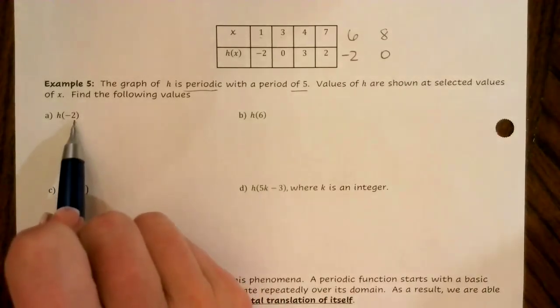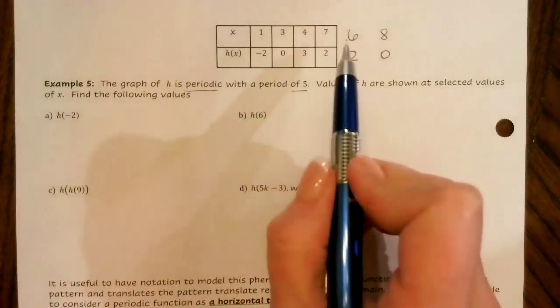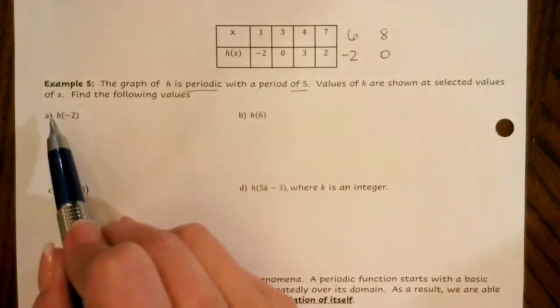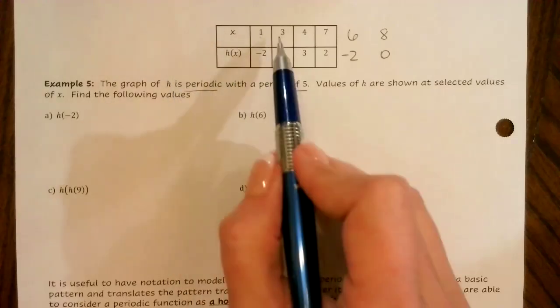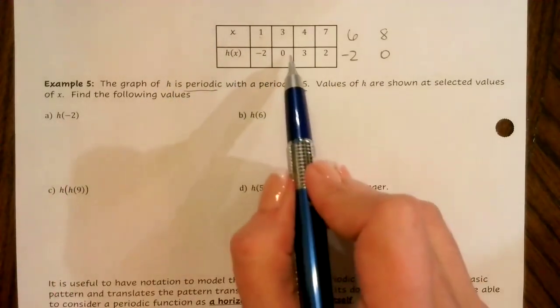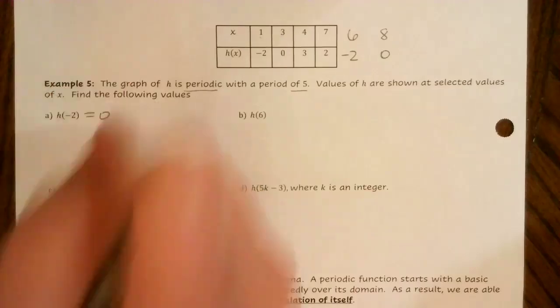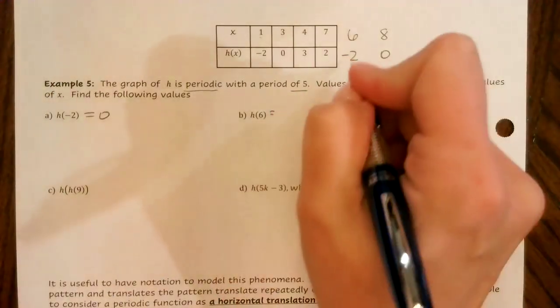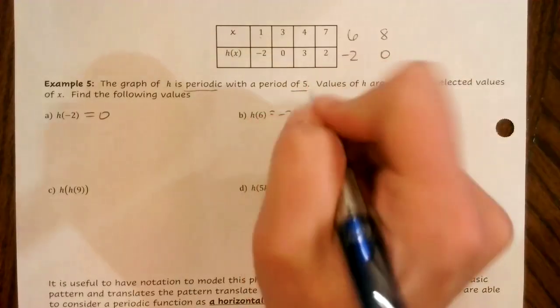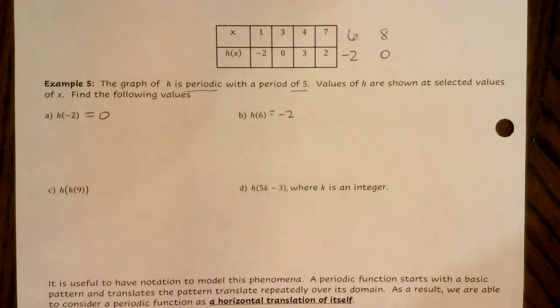Now, here it gives us specific values we're looking for, -2. So I need to think about which one of these values is 5 units from -2. Well, that would be 3. If I went to the left 5 units, I would be at -2, and so that is 0. Well, this one, kind of a cheat, we already did that one right there on the table, is -2.